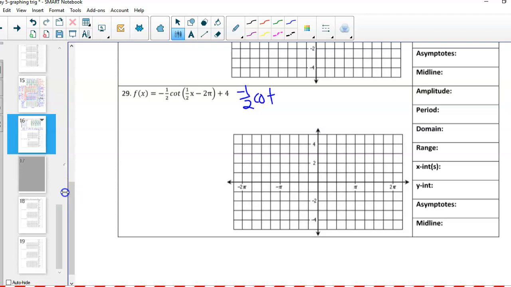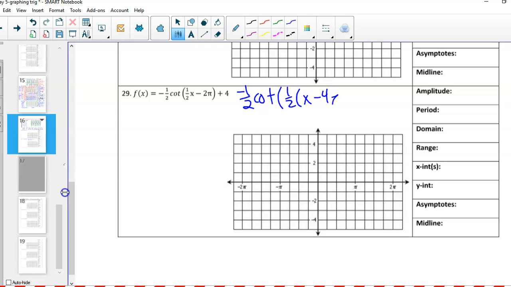So notice that this one has a number by x, so we have to factor that out. Remember, anytime you factor these out, you're dividing. So negative 2 pi divided by 1/2 would be negative 4 pi.